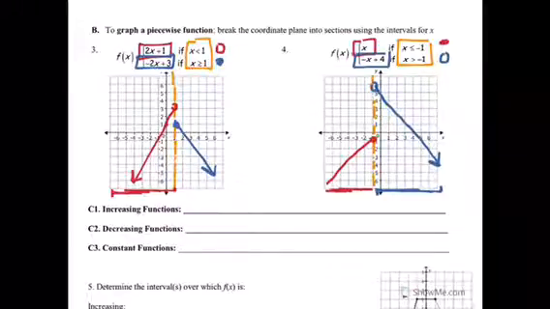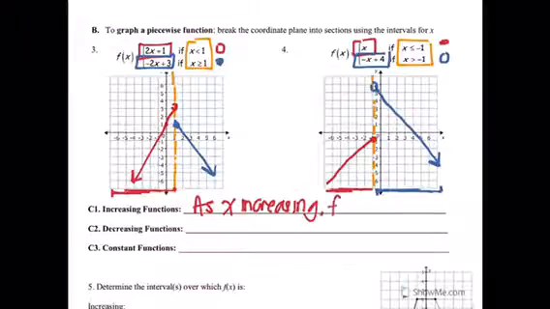Okay, so now let's talk about various characteristics for functions. Increasing functions. The basic rule for increasing functions is that as x is increasing, in other words, as the input is increasing, the output, f of x, is also increasing.